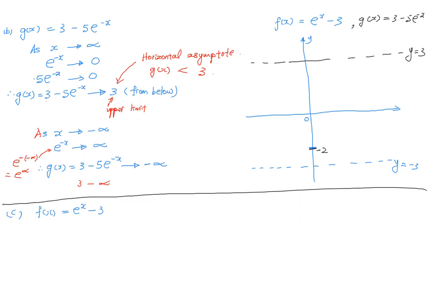So we find f prime x is e to the power x. Am I right? And we know that e to the power x is always greater than 0. This one is a true fact. So there is no stationary point.